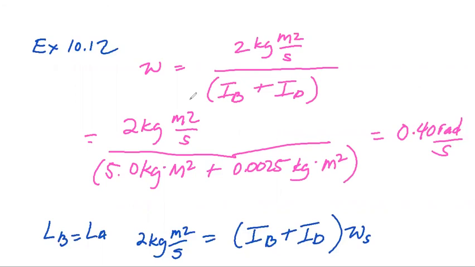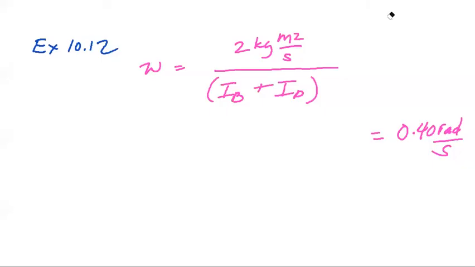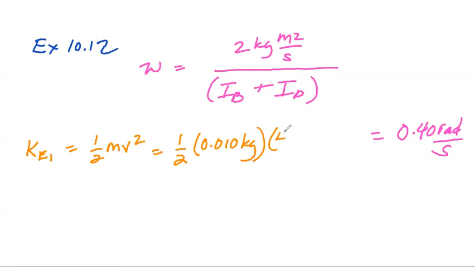Now I need to find the initial and final kinetic energies. The initial kinetic energy of the bullet is 1/2 m v squared, which equals 1/2 times 0.010 kg times (400 meters per second) squared, and that's equal to 800 joules.